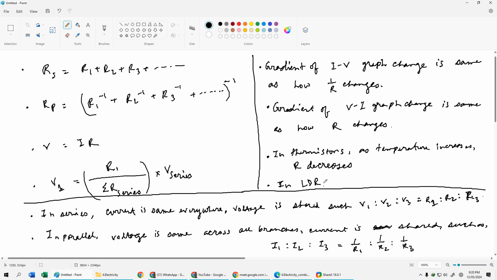In an LDR, as light brightness, sometimes we also call it intensity, increases, resistance decreases. R decreases. This is altogether our key basics.